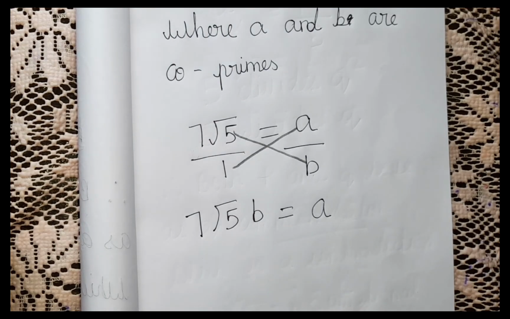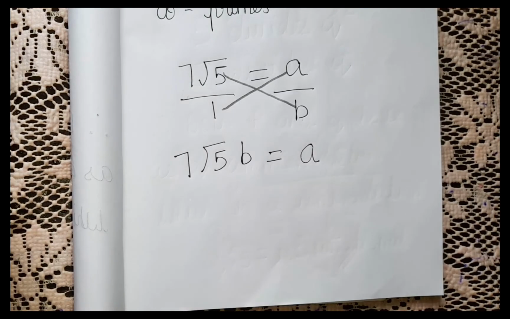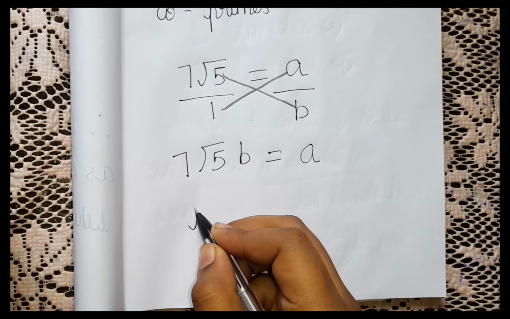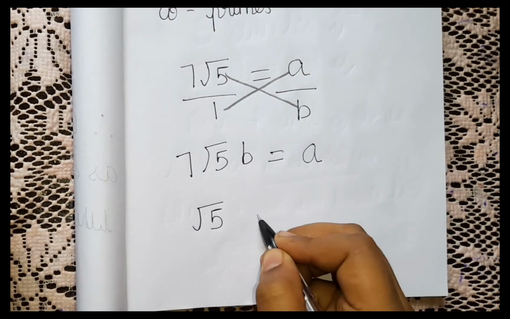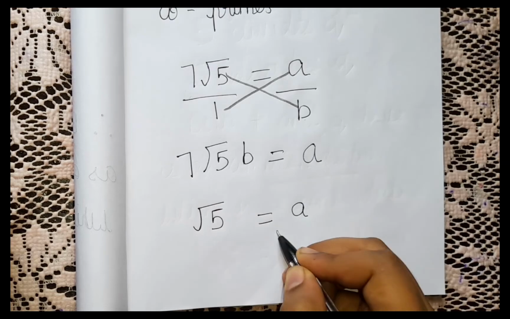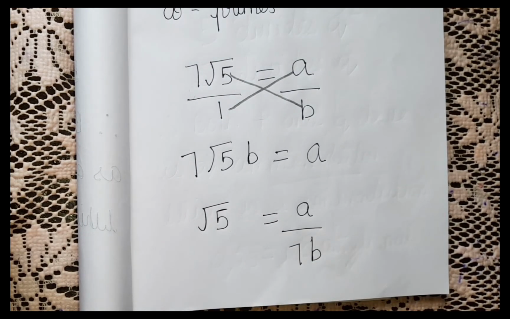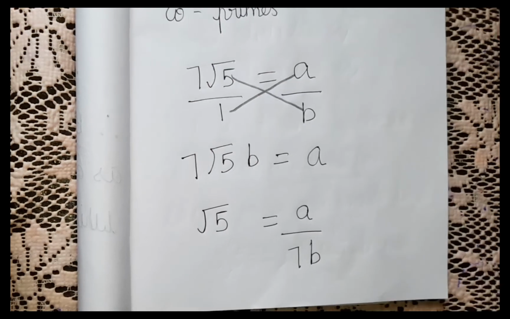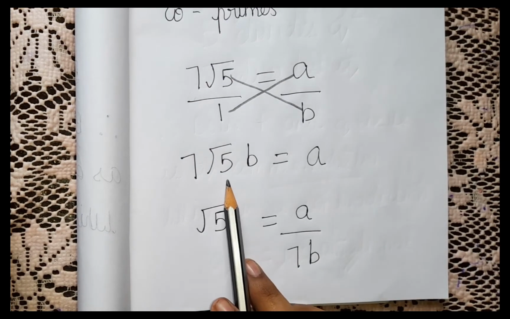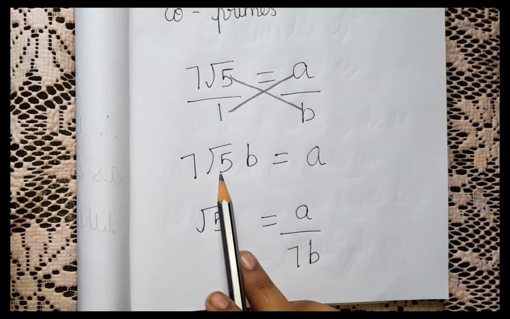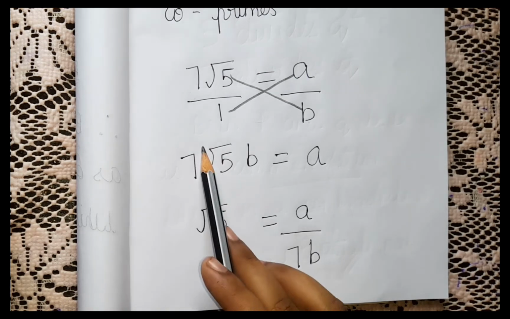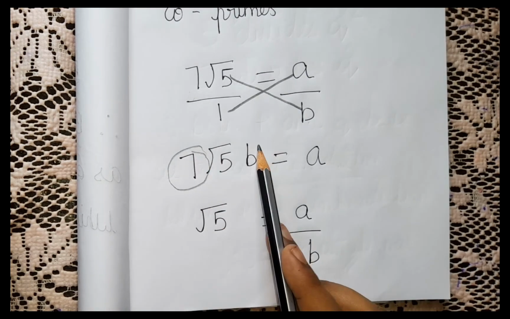Now let's write root 5 is equal to a by 7b. It is somewhat confusing, am I right? So actually what we did is, we just kept the root 5 right over here, and we took this value, that is 7, and the b value.